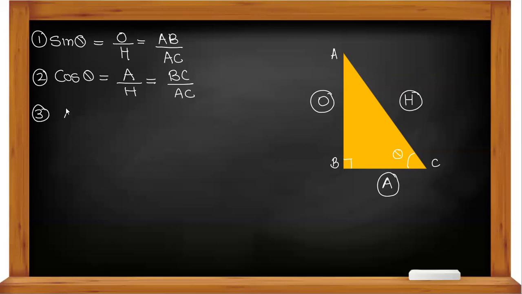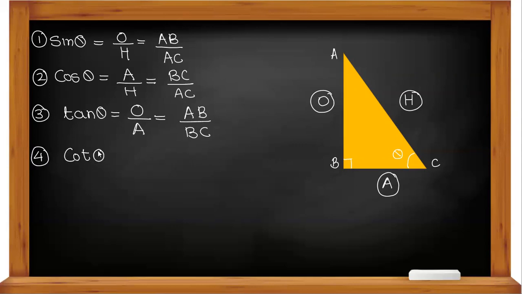The third ratio, which is tangent, tangent of the angle theta, is the ratio of opposite and adjacent. Now, opposite is AB and adjacent is BC.